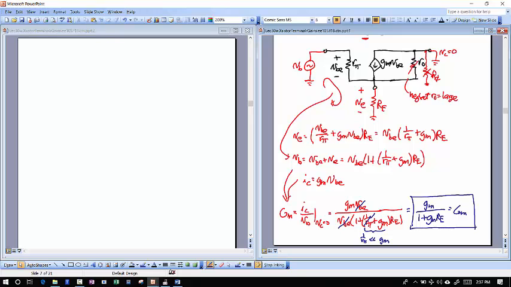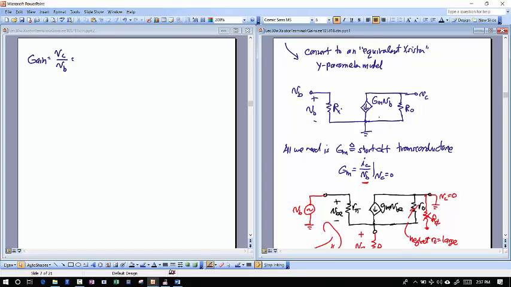So what I've done is define a new GM for my amplifier, and that means I can write my gain very quickly, which would be VC over the VB that I had in the original amplifier picture. That's just going to be from this circuit here.